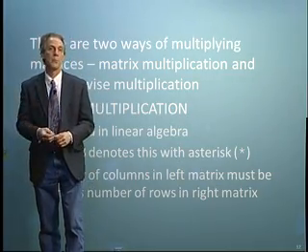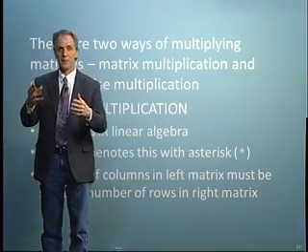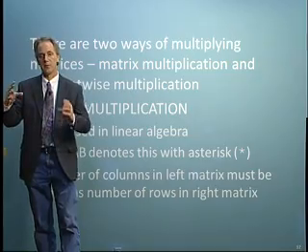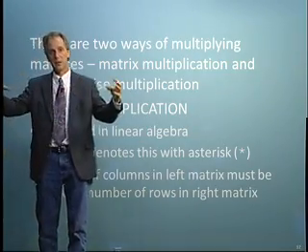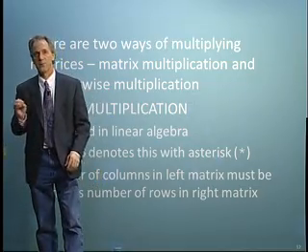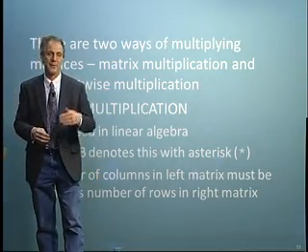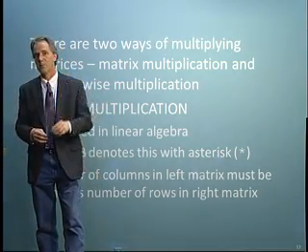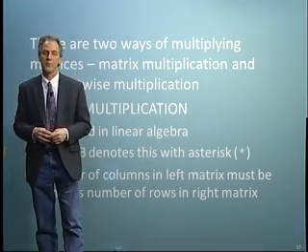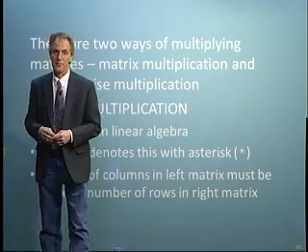It's done with a simple asterisk, which you might expect for multiplication. So A star B is going to be A times B, but it'll only work if A and B are paired up properly according to the rules of linear algebra. The rules of linear algebra require that the number of columns in the left matrix, the first matrix, has to equal the number of rows in the second matrix.